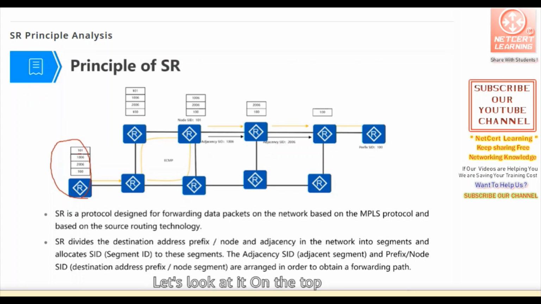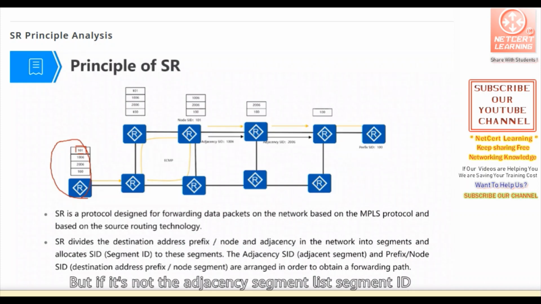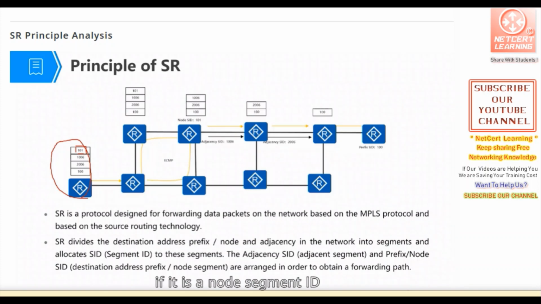Remember, if the top is an adjacency segment ID, it will be easy: we just find the right adjacency and forward it to the next hop. But if it's not an adjacency segment ID and it is a node segment ID, for example 101, so who is 101? This router's node SID is 101.